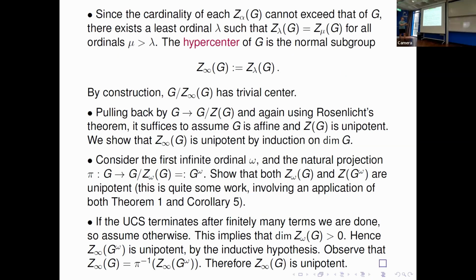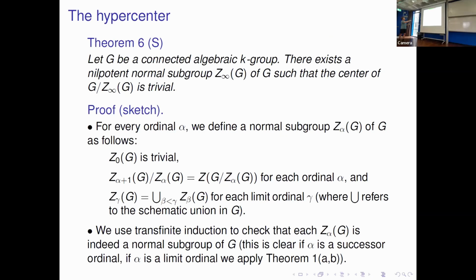So what have we done so far? The proof is pretty much identical to the usual group theory construction, with the added machinery of the schematic unions. But what does the theorem say? The theorem says there exists a nilpotent normal subgroup, nilpotent. That's the key word here. So we've done everything except nilpotent.